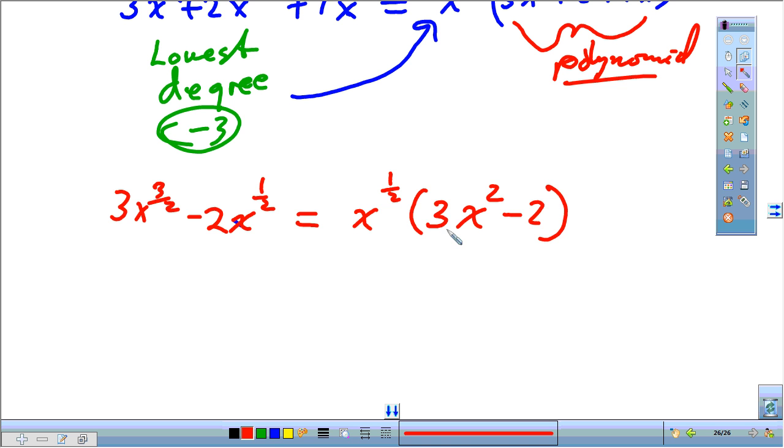That leaves a polynomial again: 3x squared minus 2. So if these were all half powers, 3 halves, 1 half, maybe 5 halves, 7 halves, those kinds of things, this would work out. Again, a nice one-term common factor, and everything else left is a polynomial.